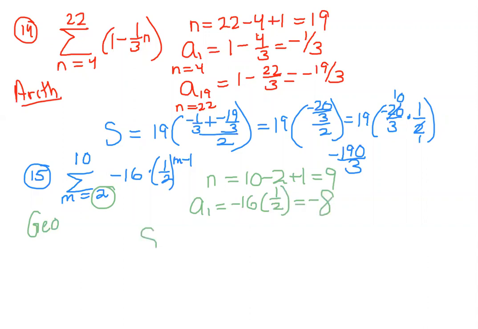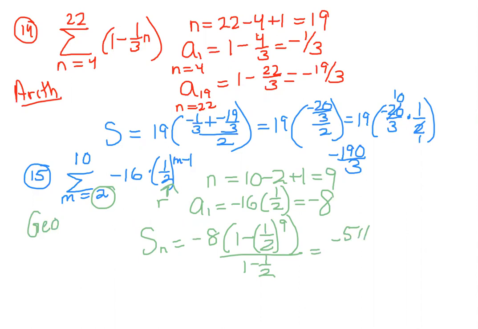So our sum is negative 8 times 1 minus 1/2, so that's our r, to the 9th power over 1 minus 1/2. And that gives you negative 511 over 32.